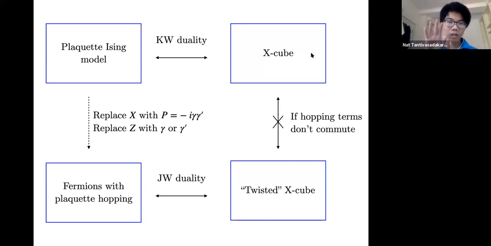No, I'm in only one sector though. I'm fixing a boundary condition for both sides, so I don't think I need to add any twisted sector. For example, if this is the 2D code, then I mod out by the magnetic one-form symmetry, and then over here I have an Ising model where I mod out by the global Z2 symmetry. And then in the restricted subspace, these two are dual.